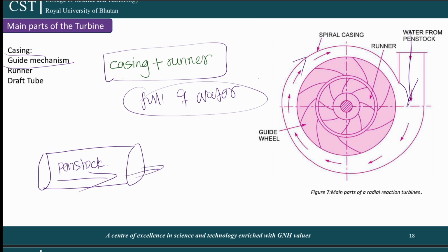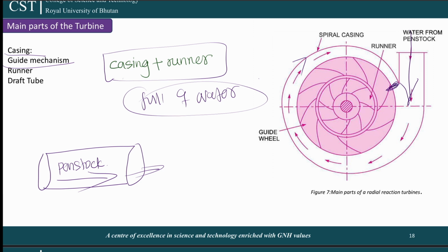The casing is made in a spiral shape, in which the cross-sectional area keeps decreasing gradually, and when it reaches almost the end of this circular section, it has the smallest surface area.